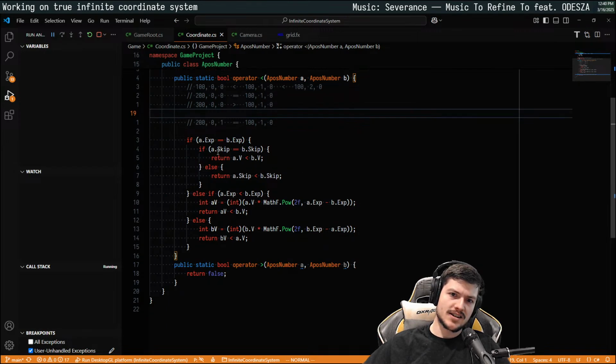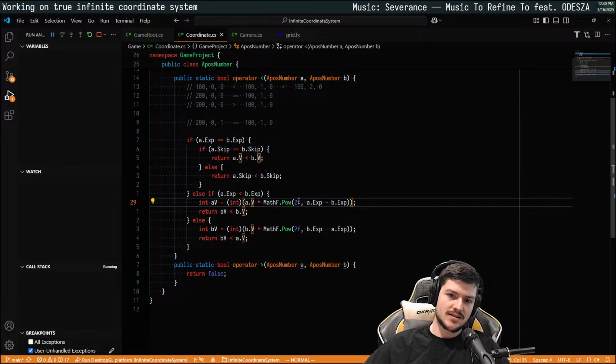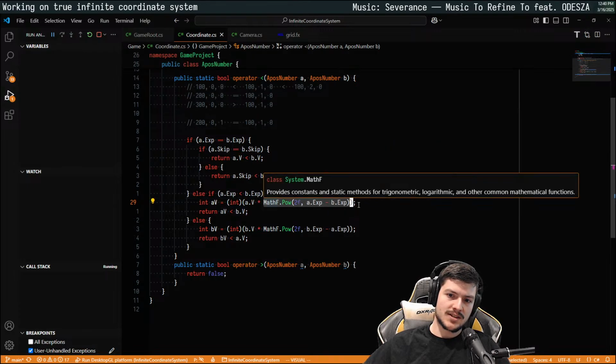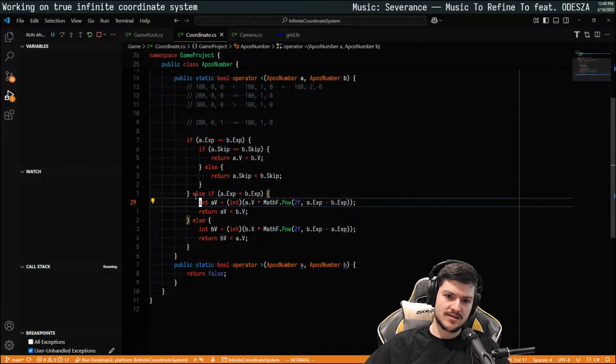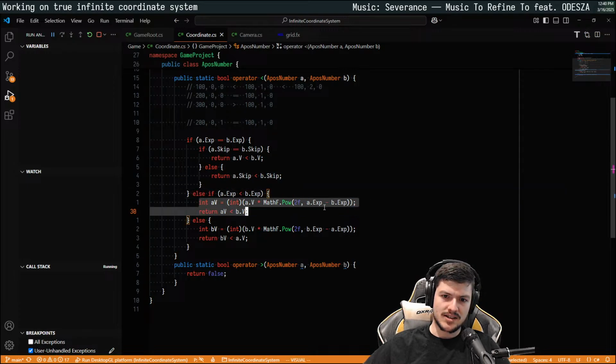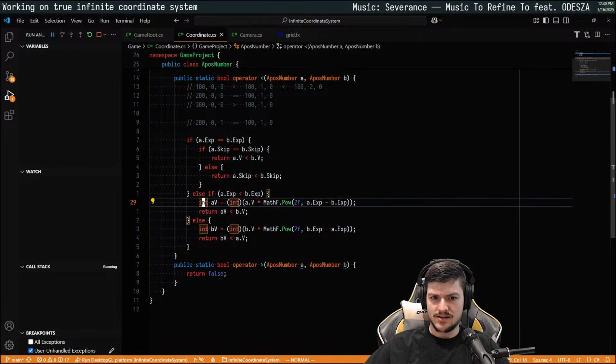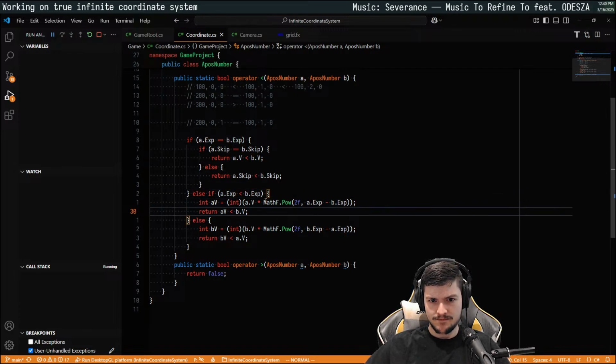The issue is that unlike this smaller number right here, this can be compared because they can be put in a relationship to compare them easily.